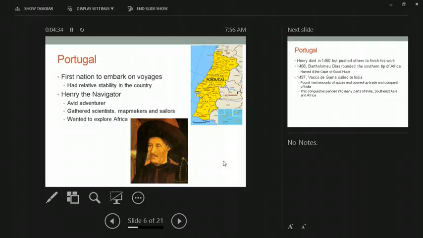But Europe, within a century, is going to leap ahead of the world and pretty much take over it. And one of the reasons why is this intense competition between Portugal and Spain, and England and France. That competition drove them to get better and better because they saw the amount of wealth that was available. They could just get out there and seize it before the others did.